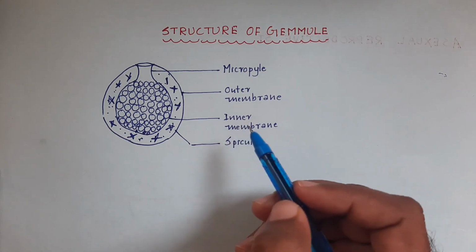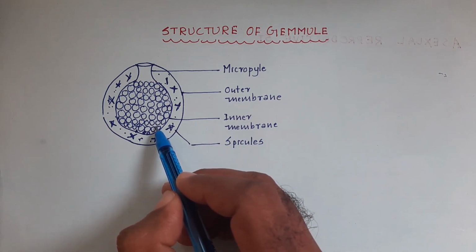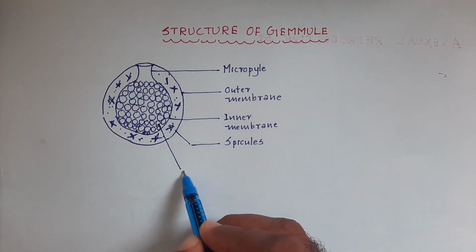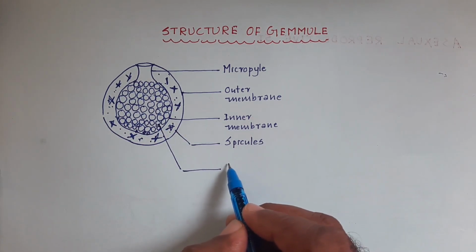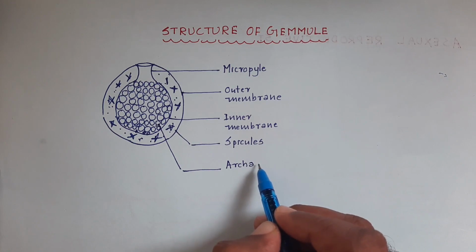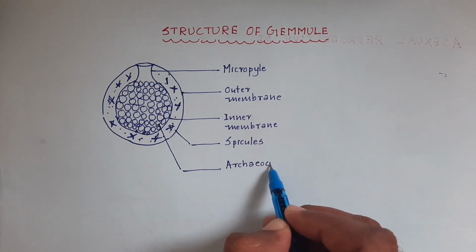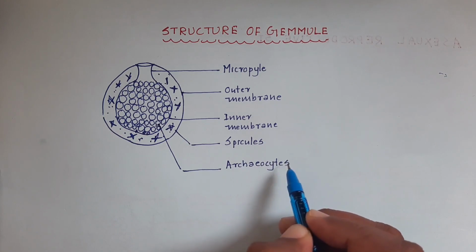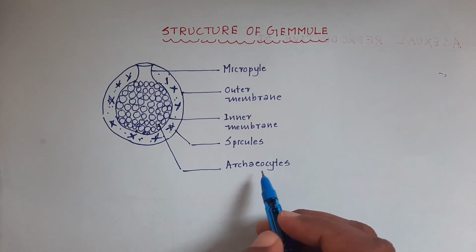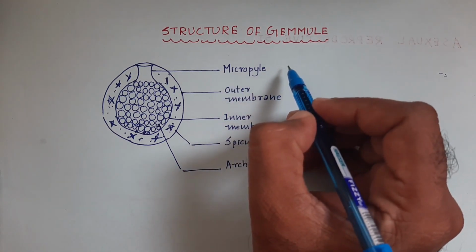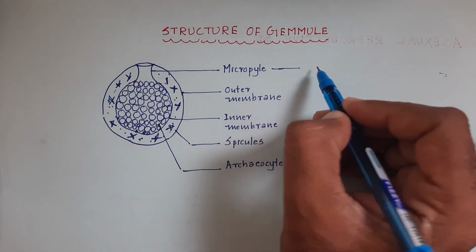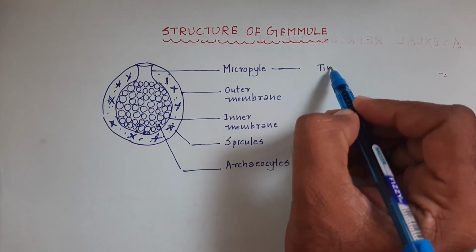These are the spicules, and mainly inside the gemmule are special cells known as archaeocytes. If you consider this micropyle, it is a tiny opening.